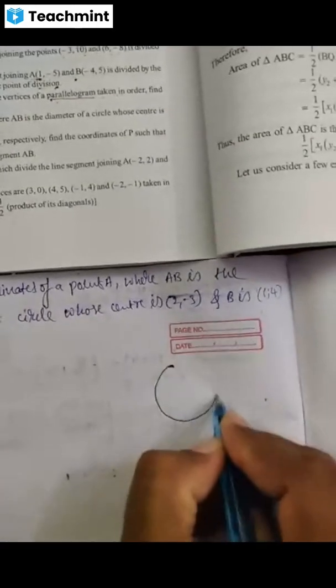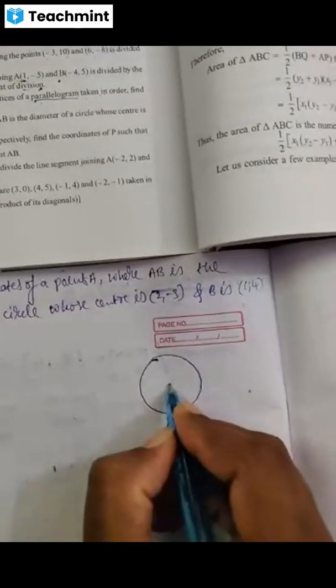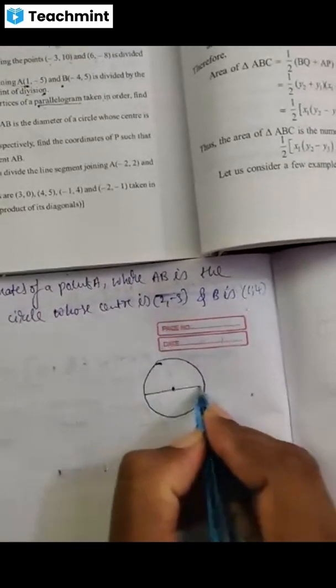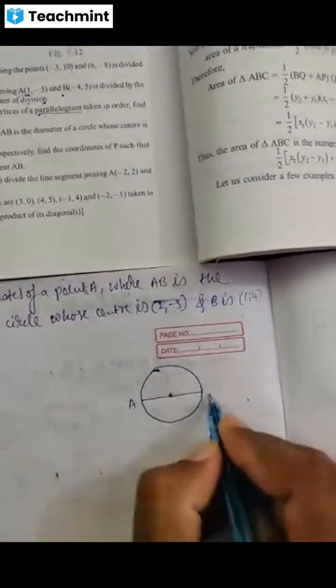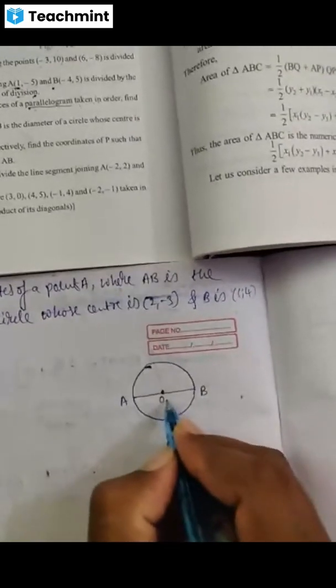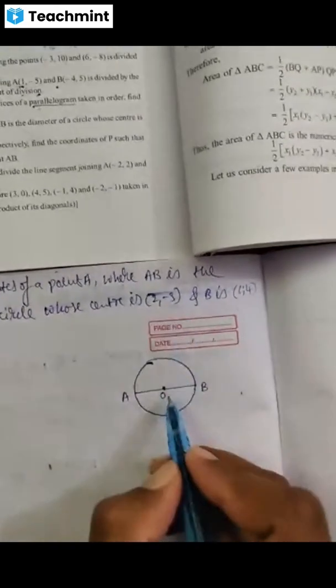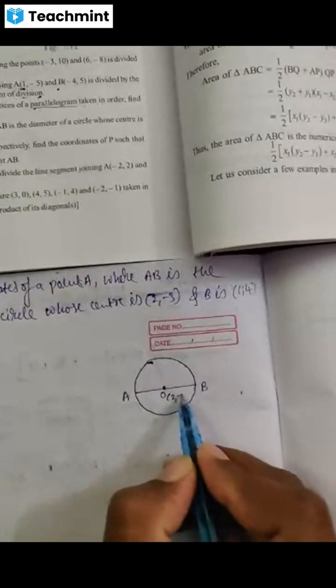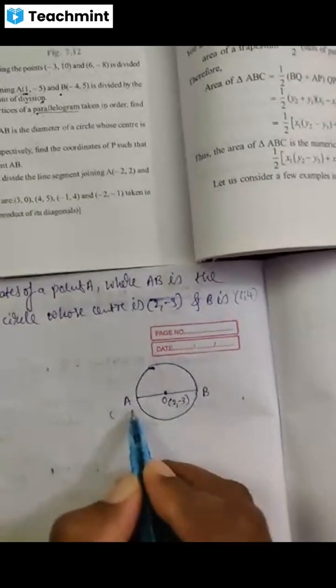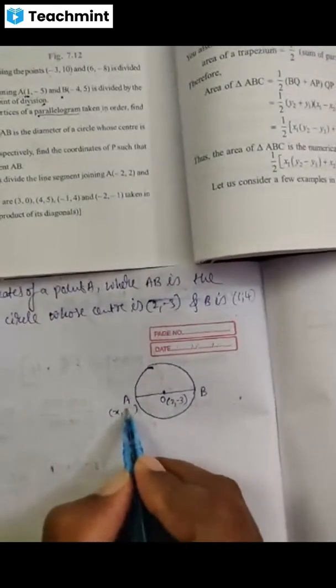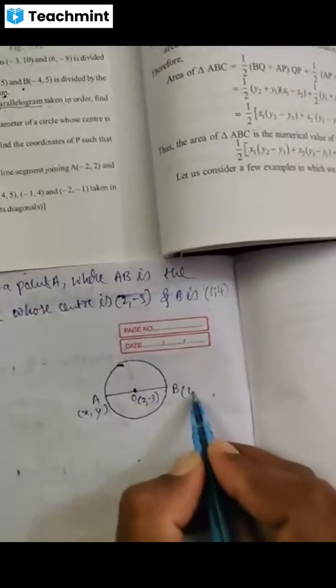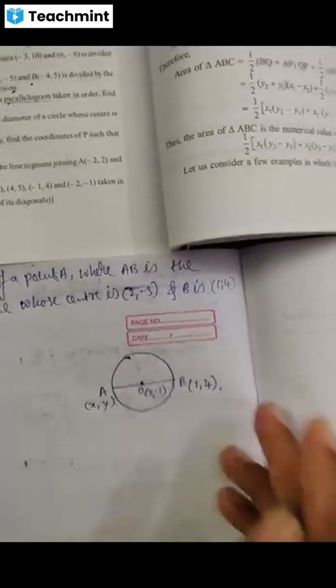Let us draw one circle with center O. So AB is the diameter, O is the center, whose coordinates are given, that is (2, -3). A we need to find. Okay, B is given, that is (1, 4).